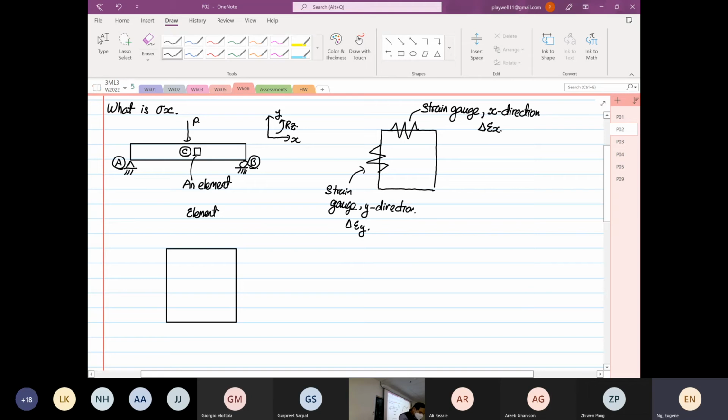From the element, we can get the normal stress in the X direction and the normal stress in the Y direction. Our transformation is still the same.